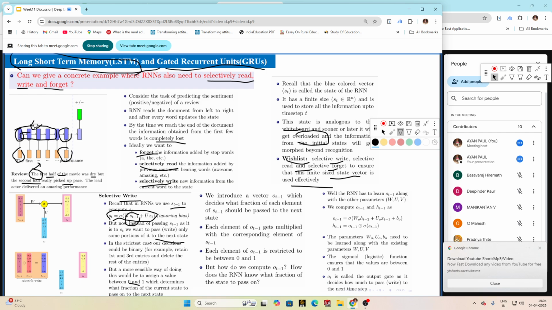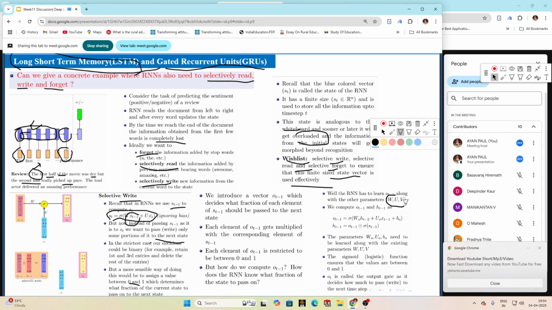We do not know which information is important and which is not. So we need to have additional parameters for this o_{t-1}. We are adding W_o, U_o, and b_o.